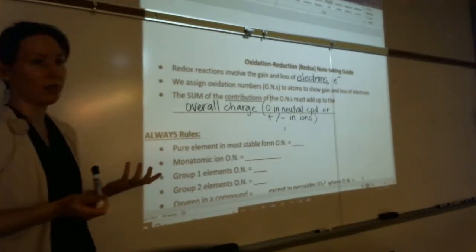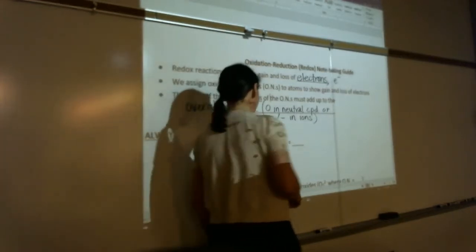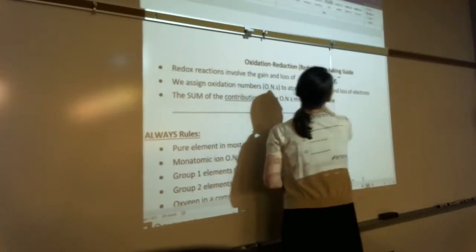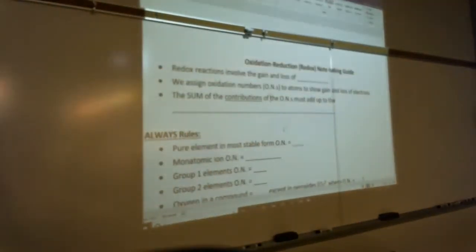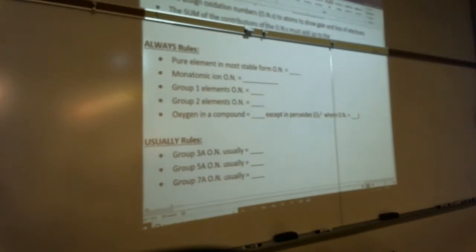So you've got to memorize some rules. Sorry, that's just part of it. You need to memorize some rules, but the good news is they're really easy rules. These rules are not difficult at all. If you can just spend a few minutes committing these things to memory, you're going to be fine. So these are your always rules.